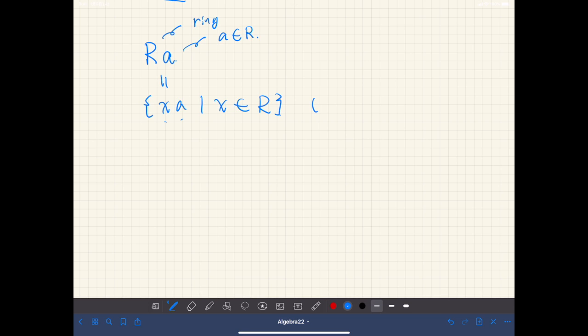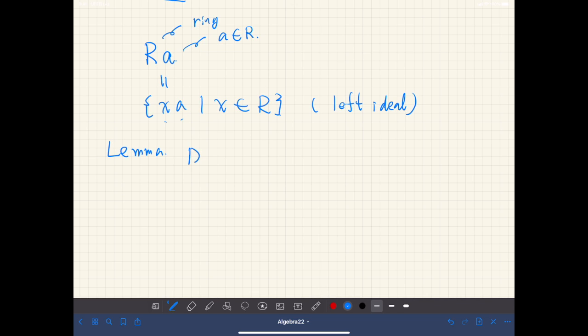More precisely, it is a left ideal, unless R is a commutative ring. Then let's introduce this lemma.